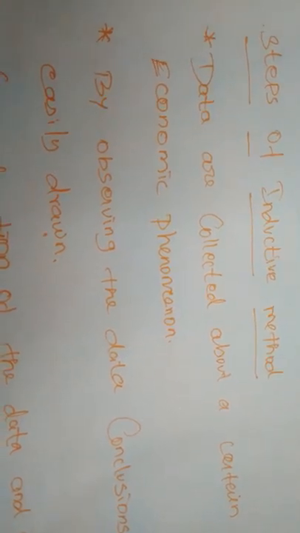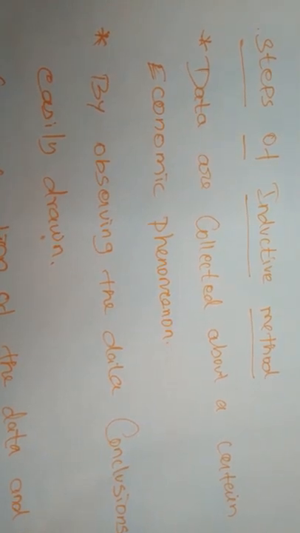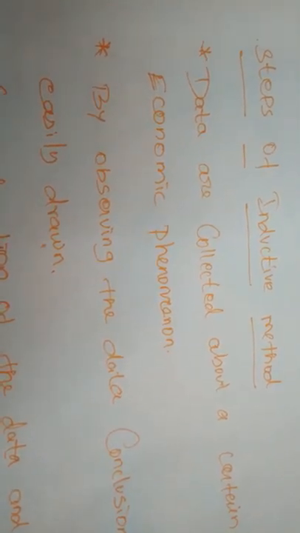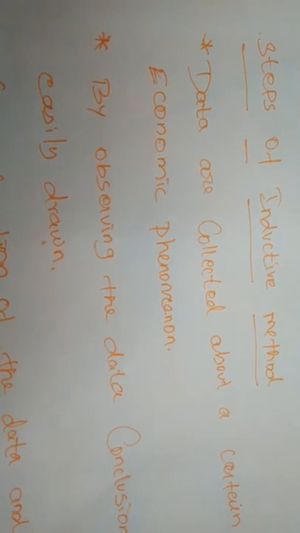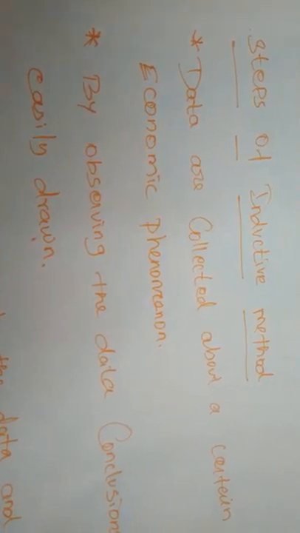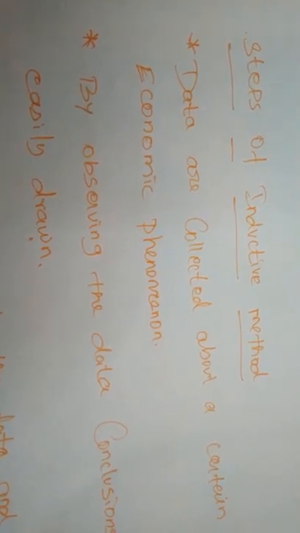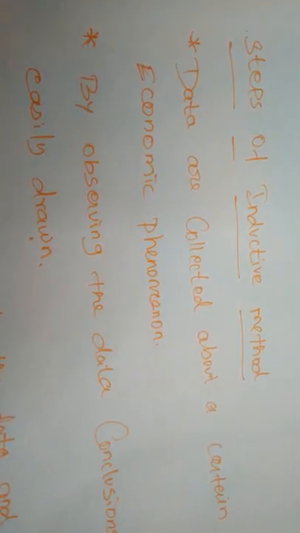Economic phenomenon means the market, so the price determination in the different kinds of markets. Otherwise, the demand for food in the future. The demand for food is one of the problems in our future.